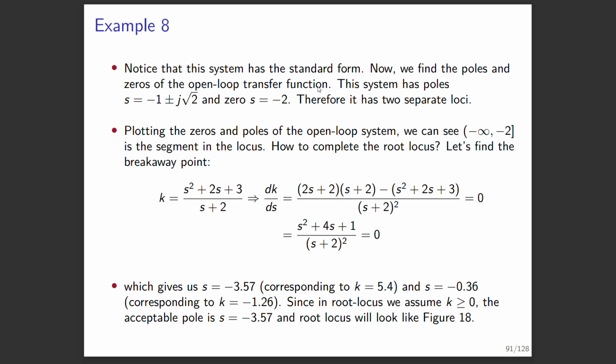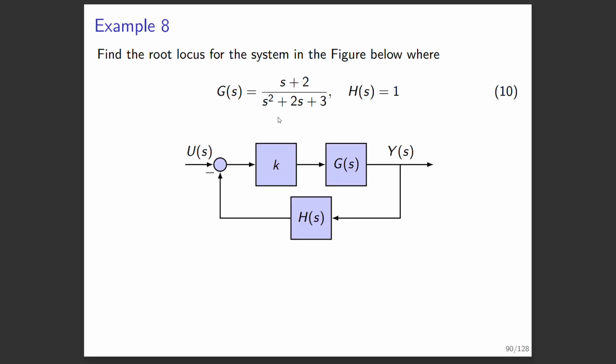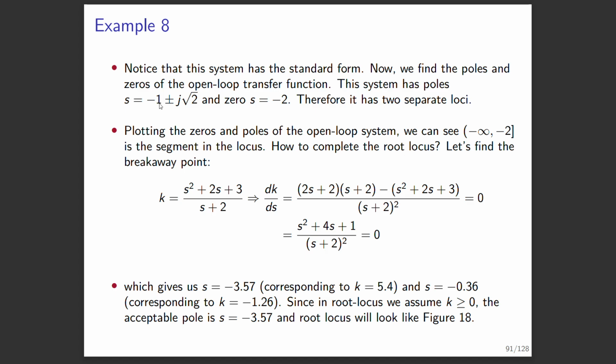If I try to find the poles and zeros of g, I see that there's one zero at -2, and there are two poles at -1 plus minus j square root of 2. The number of poles is more than the number of zeros, therefore the number of separate loci is the number of poles, which in this case is 2. So I'm going to have two separate loci.